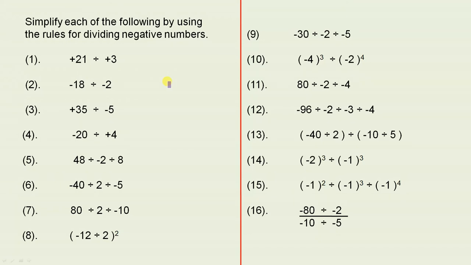Is it plus or minus? Then we have a positive number divided by a negative number. We write the answer with the correct sign. And we have a negative number divided by a positive number. And we write the answer with the correct sign. So if you know the rule for each of those four, you'll be able to do all the rest.